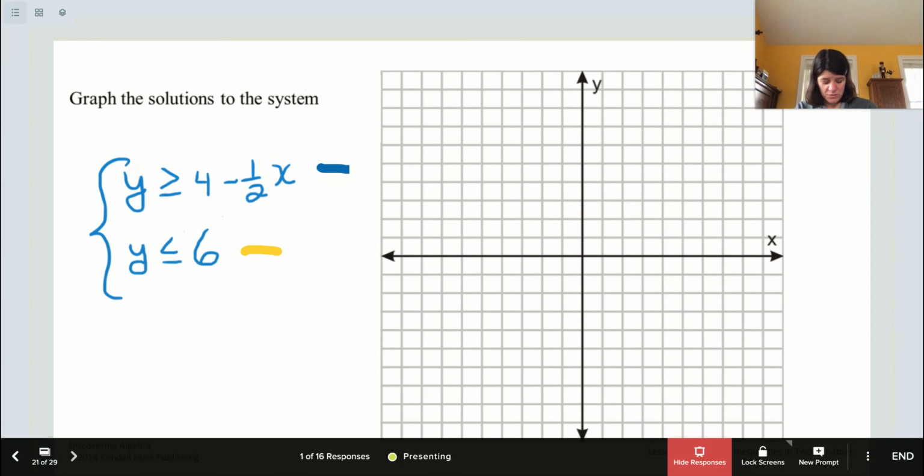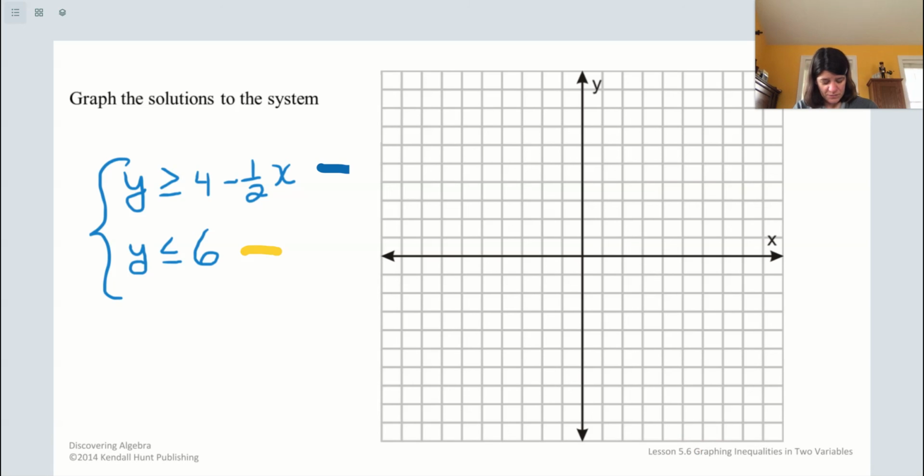So here's another one. This one we've got a y-intercept of 4, and then a slope of negative 1/2. So I go down 1 to the right 2.